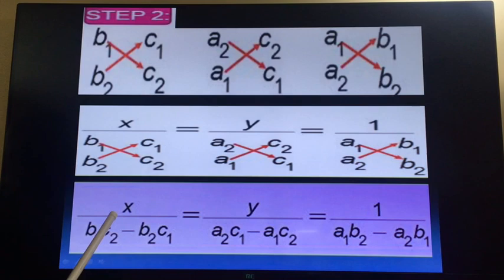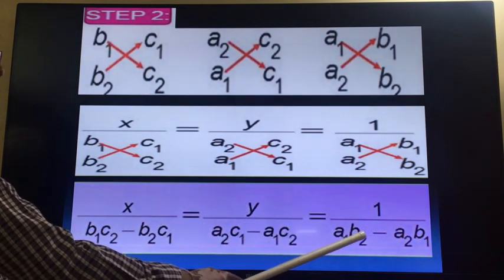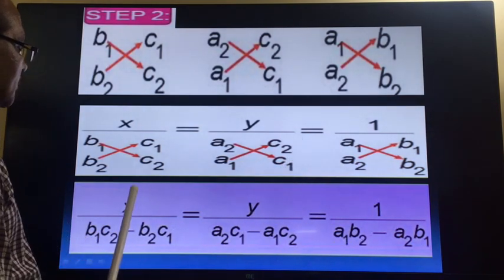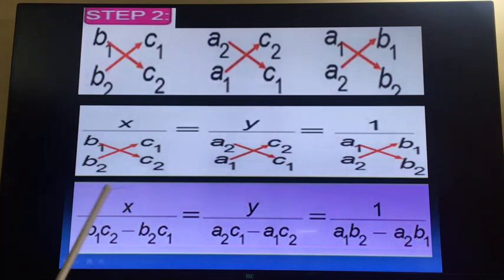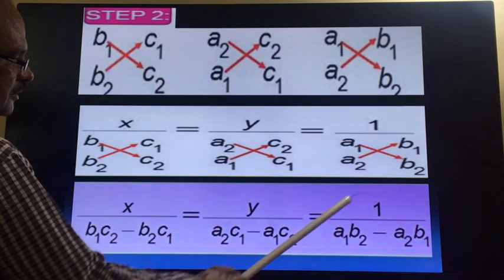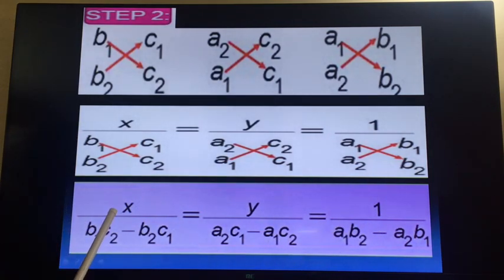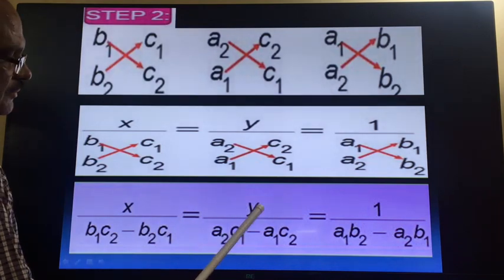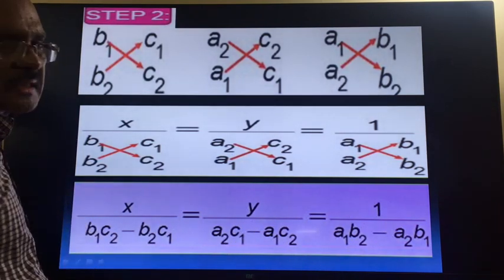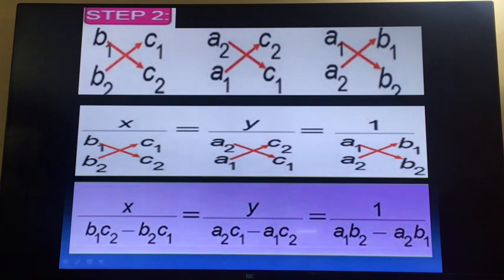After writing these values, one time you put the first expression equal to the last expression. This will give you the value of x. The second time, the second expression equal to the last expression will give us the value of y.